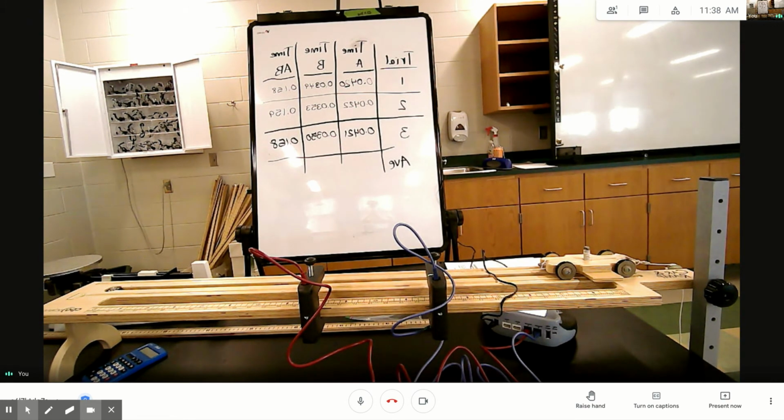So what is the speed of the car through photo gate A? I'm not going to do the whole thing for you, but that velocity of A is equal to the distance that the car travels when it travels through the photo gate.